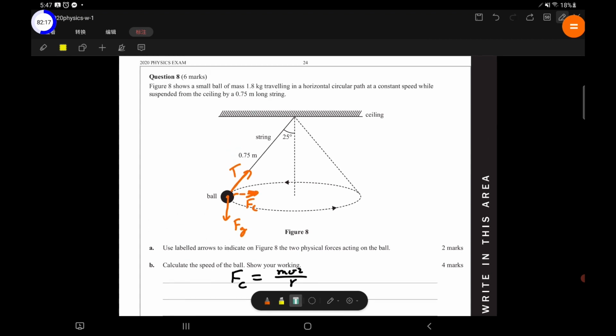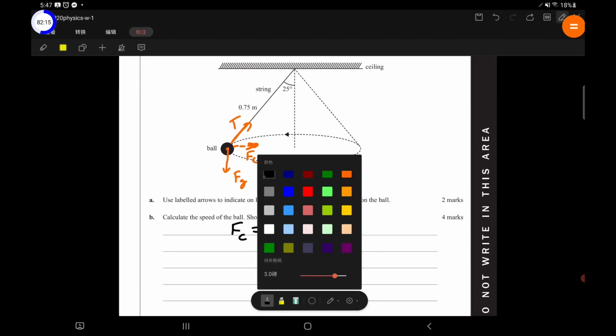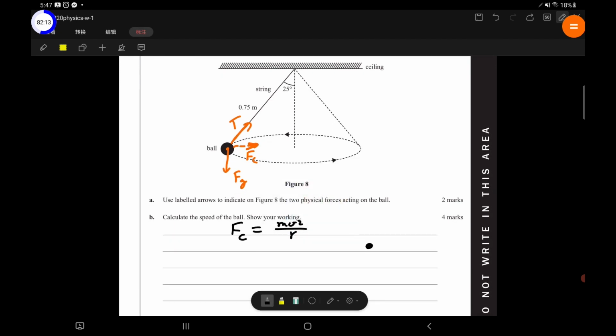Alright, so I will redraw this force diagram, just a rough sketch down over here.